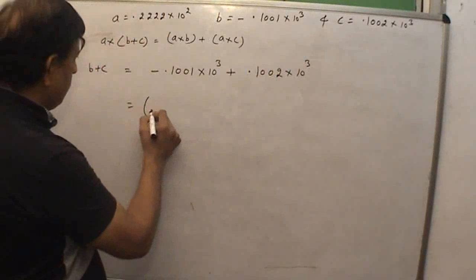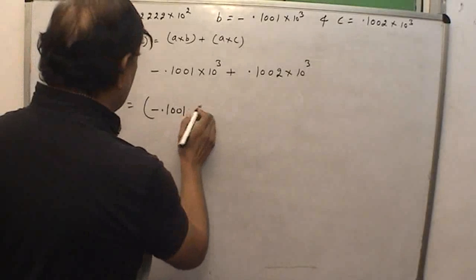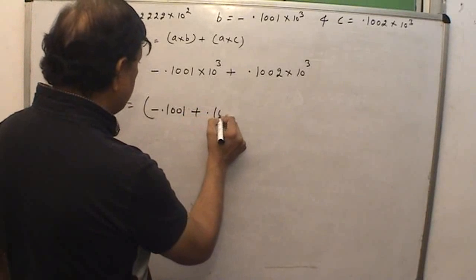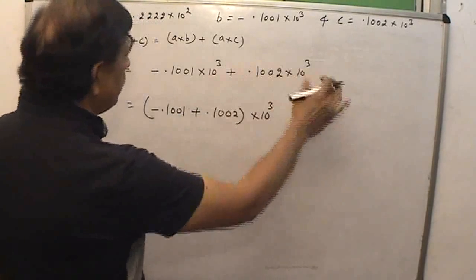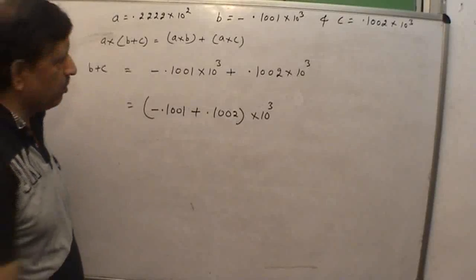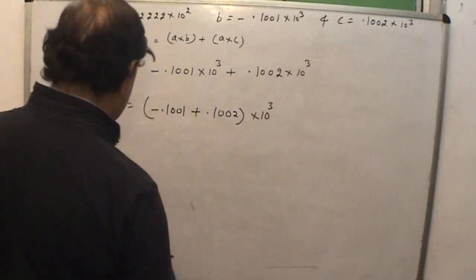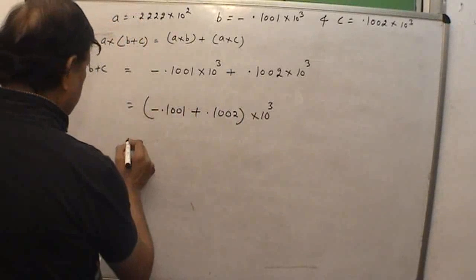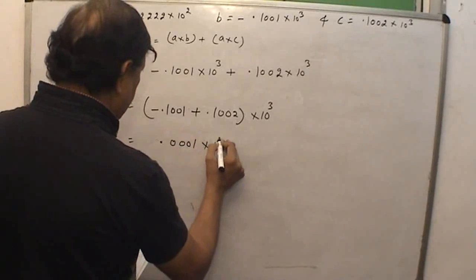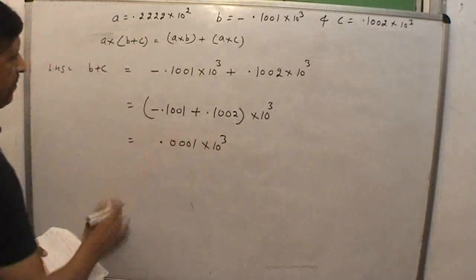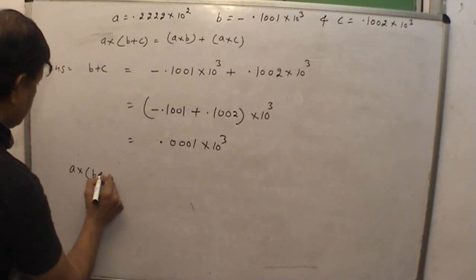If they are same, minus 0.1001 plus 0.1002 into 10 raised to the power 3. Then we have no need to shift the decimal either on left or on the right hand side. Here that is equal to 0.0001 into 10 raised to the power 3. If we subtract them, then it is a complete A cross B plus C.